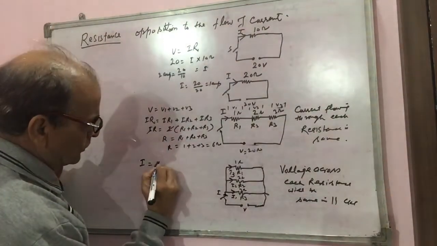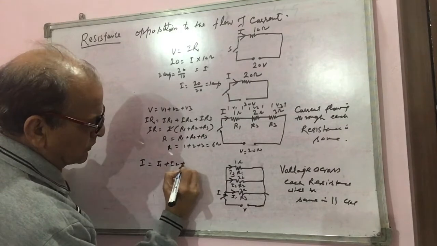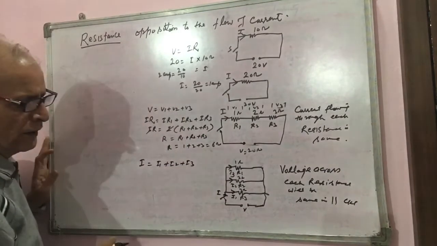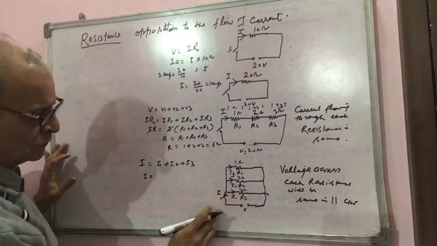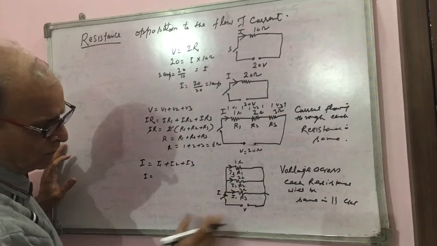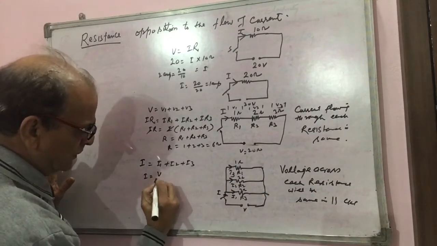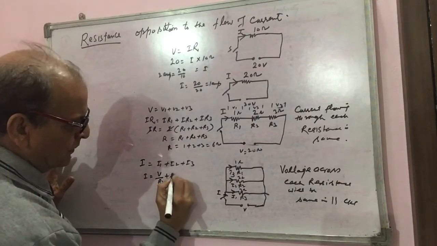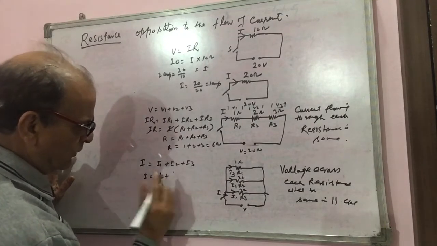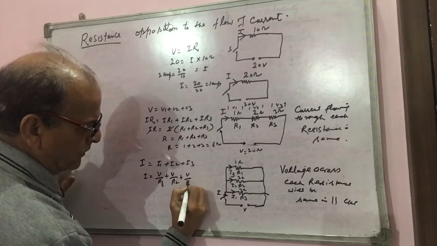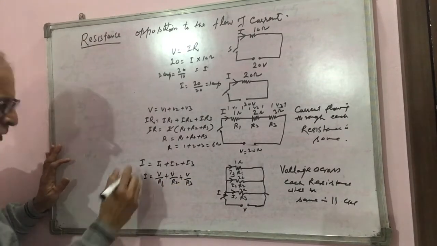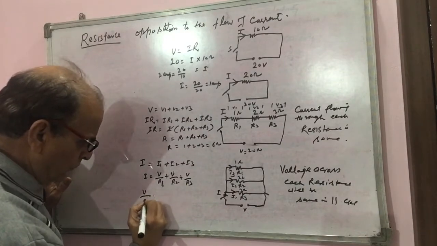So I will be equal to I1 plus I2 plus I3. What is I1? V divided by R1, I2 is V divided by R2, I3 is V divided by R3. And what is I? I is equal to V over R. R is the total resistance of the circuit.